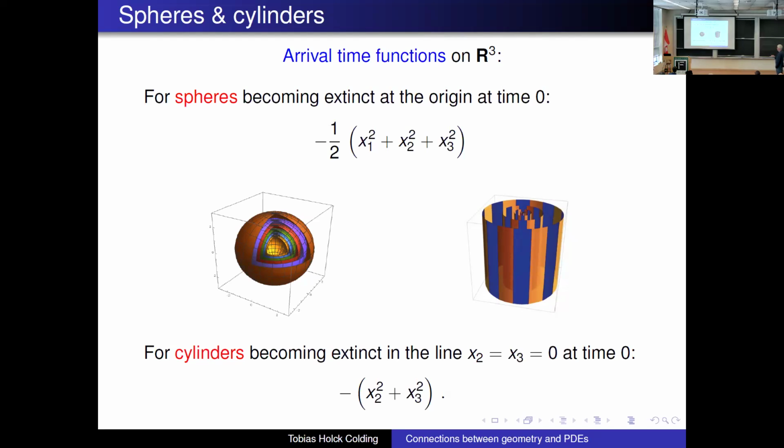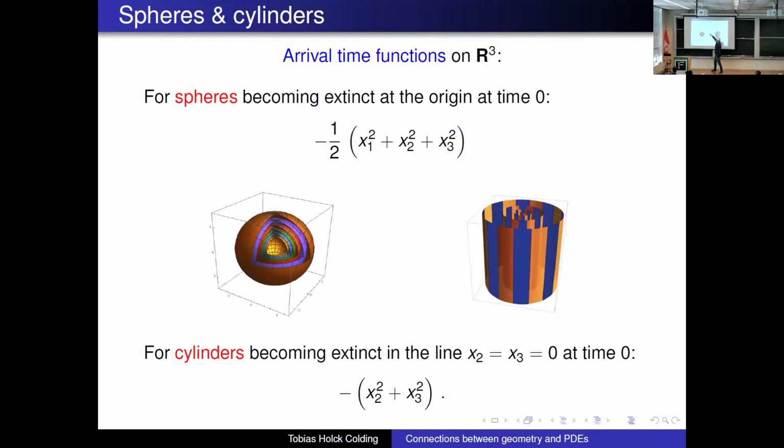In these two examples, I normalized the arrival time function so that for the shrinking round sphere, it becomes singular at time zero, where it's just a point. It has shrunk to a point.